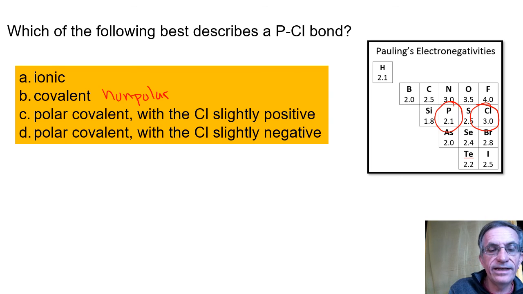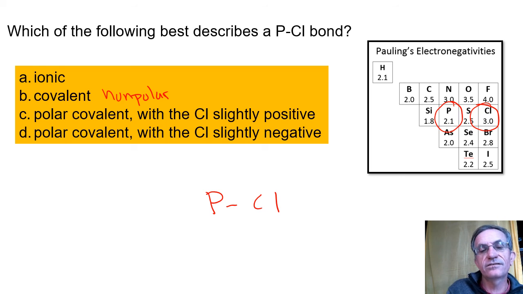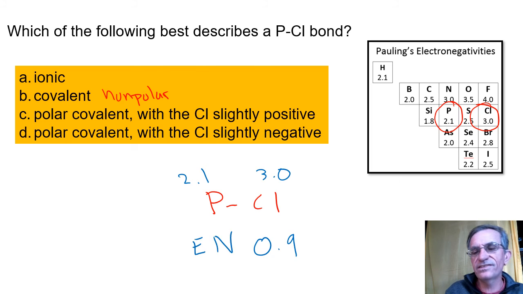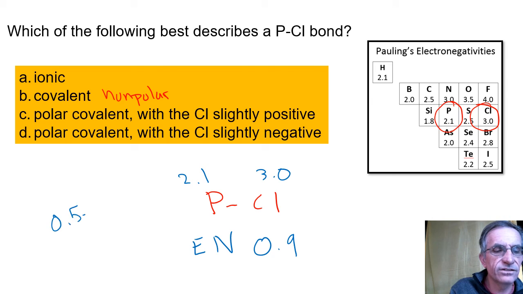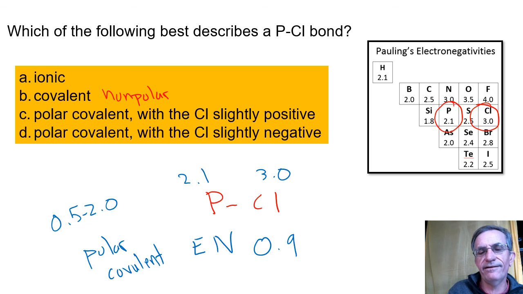So the way I would know it is, again, I'm going to look at my electronegativities. Phosphorus 2.1, chlorine 3. You subtract them, what'd you get? 0.9, right? So what we saw on the previous page was if there's a difference of 0.5 to 2, this is a polar bond, polar covalent, unequal sharing.